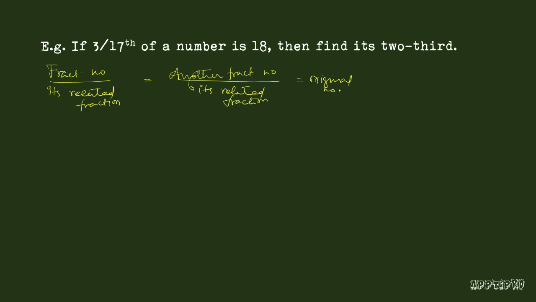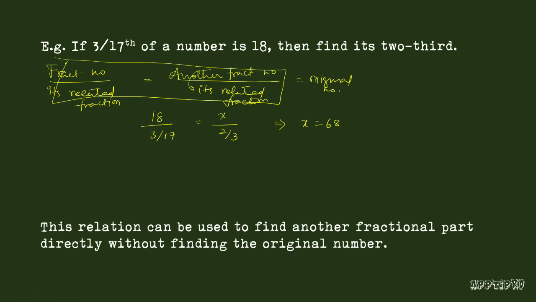So the original number is constant. So we can take these two equated ones. So 18 by 3 by 17 is equal to some x value divided by 2 by 3. On solving that, you get x equal to 68. This relation can be used to find another fractional part directly without finding the original number.